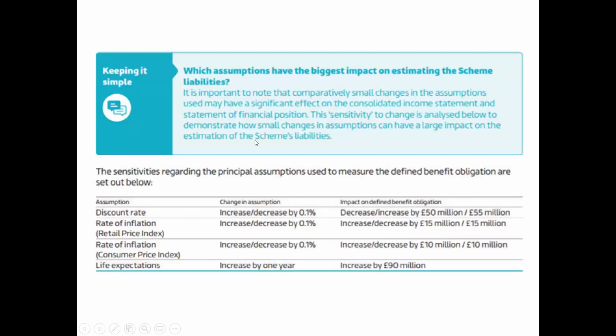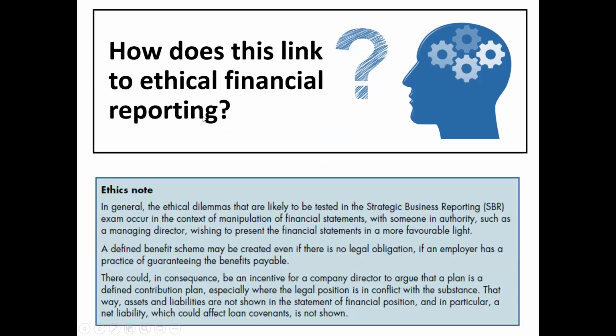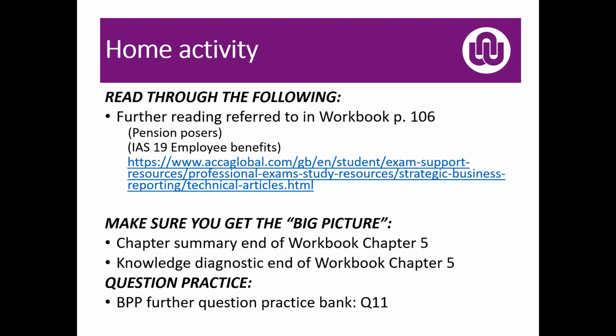There's also the link with ethical parts of financial reporting, because there are clear dilemmas linked to the defined benefit plan, where I can create legal obligations involved with the growth of that obligation that I need to pay once the people retire, and how the plan asset grows. There are a lot of ethical issues revolving around the defined benefit plan, so make sure that you work through that part and understand it.